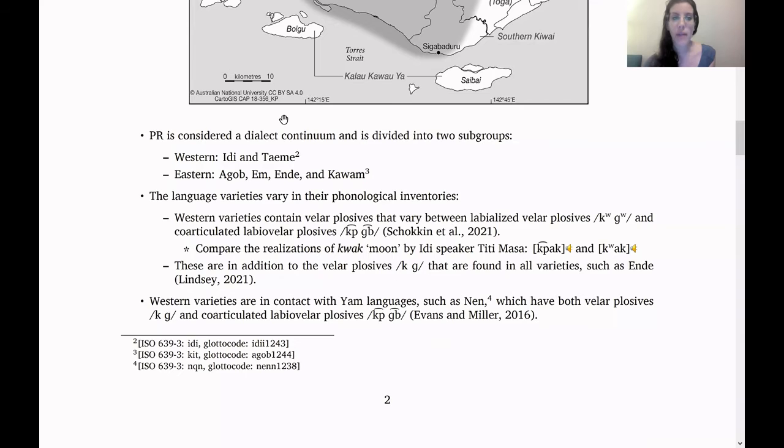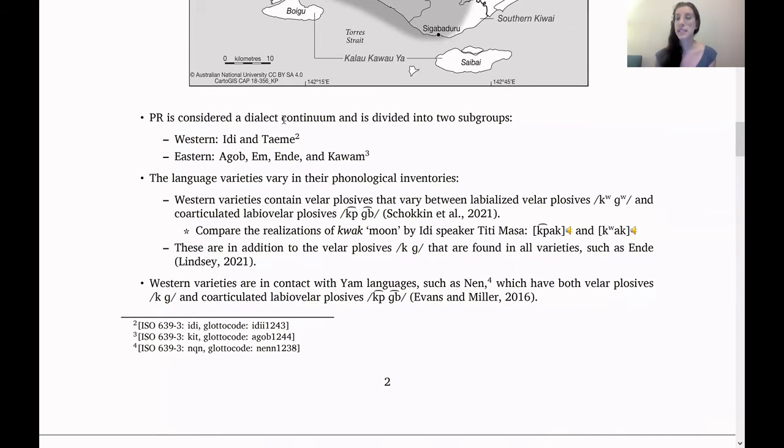So what can I tell you about Pahoturi River? Well, it's considered a dialect continuum, and it has traditionally been divided into two subgroups. We have the Western languages, which include Idi and Tame, and the Eastern languages, which include Agob, Ende, and Kawam. And the major difference that interests us today is that the language varieties vary in their phonologies.